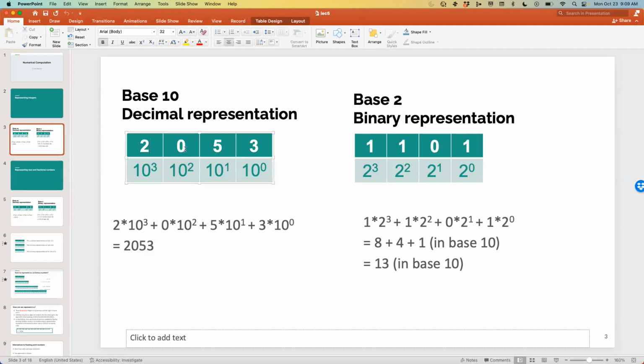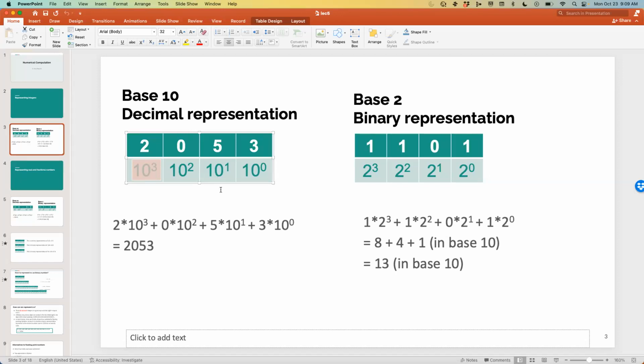Each digit is multiplied by some power of ten. 2053 is equal to 3 times 10 to the power 0, plus 5 times 10 to the power 1, plus 0 times 10 to the power 2, plus 2 times 10 to the power 3. So 2 times 10 to the power 3, plus 0 times 10 to the power 2, plus 5 times 10 to the power 1, plus 3 times 10 to the power 0 will give me 2053.